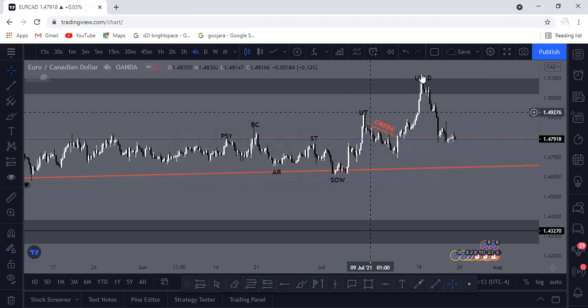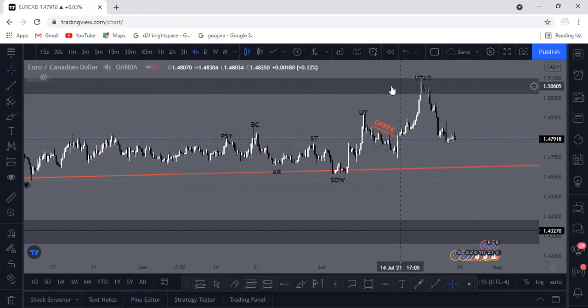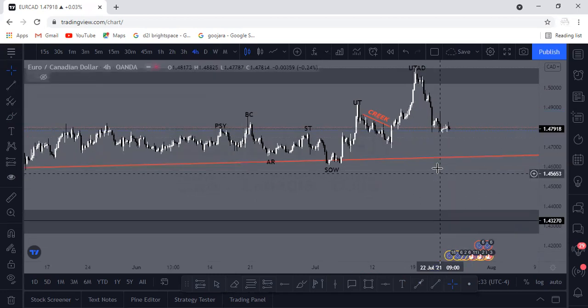And then we have this UTAD. You know very well that there is an order block here, according to the weekly time frame. There was an order block here, which I've marked up on the weekly time frame and on the daily time frame. So only the UTAD will tap into the order block zone. Now the price is currently shooting to the downside.